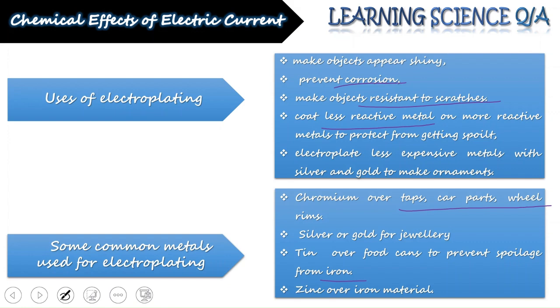This is just because if we use this metal for completely making our tap, it will be more expensive and may not be affordable to many people. So when the purpose is served by merely electroplating, electroplating is done.